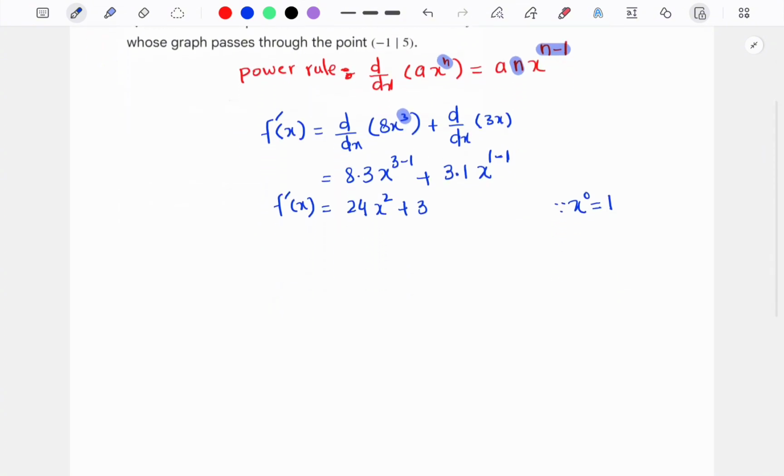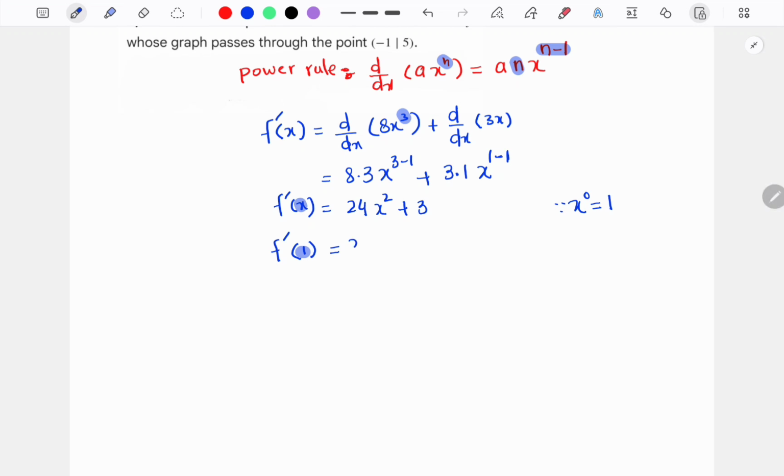Now we can substitute x as 1 here. So f prime 1 is equal to, as you can see, x is replaced with 1 on the left hand side. Therefore, we will replace x with 1 on the right hand side.